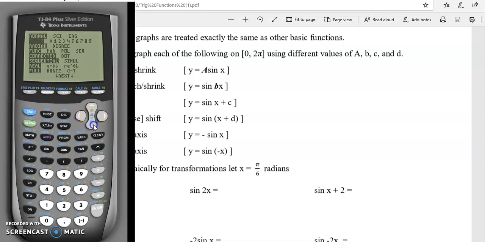So if I put my mode to degree mode, and then if I graph, now it'll show up as the sine curve better. Now notice how smushed it is, like how much space I'm wasting.